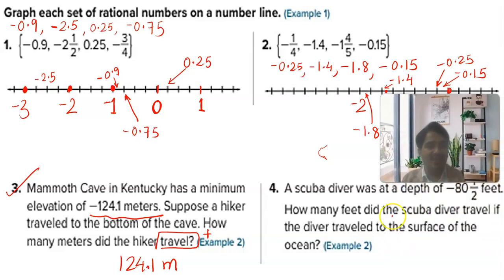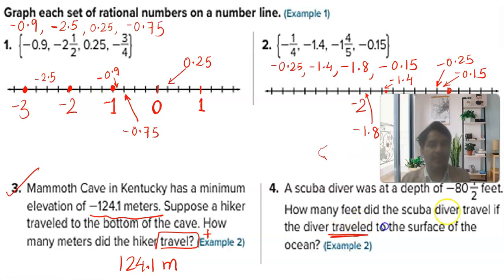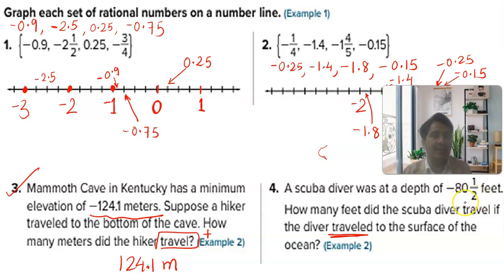Similarly, the same question, traveled, with negative 80.5 feet, in the very same style. So the answer would be 80.5 feet, positive, because when they say travel, remember, the answer is always positive.